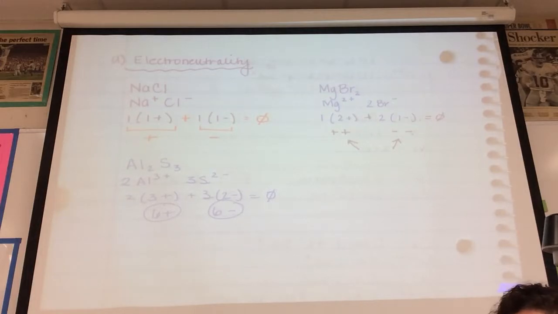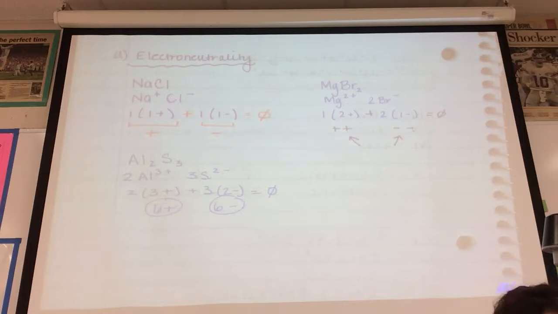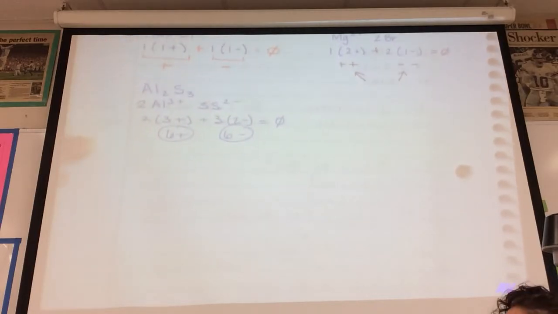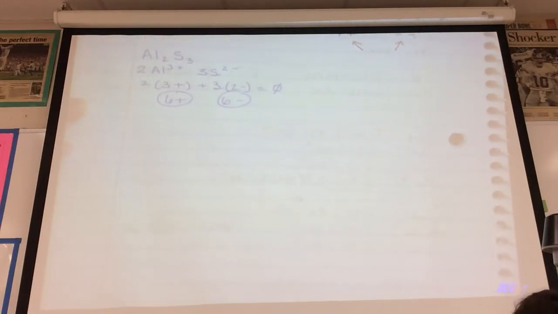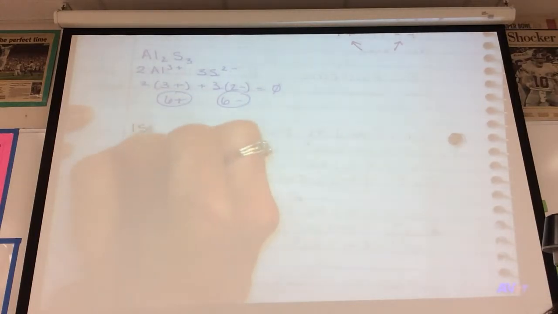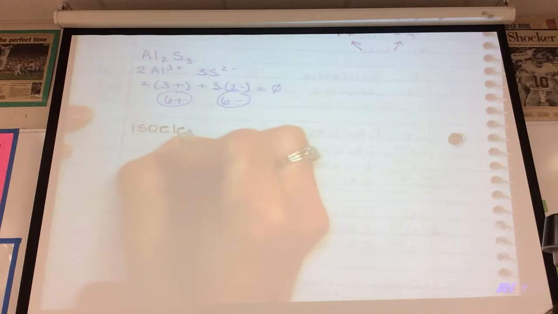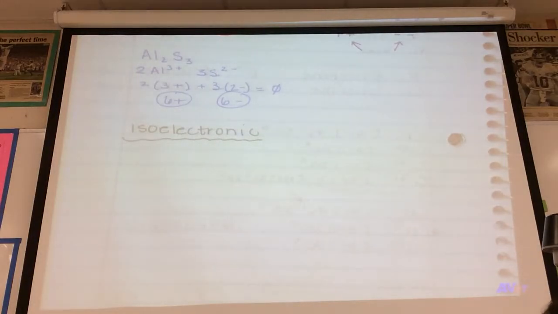The second term I want to introduce to you, and you're going to see a lot of this one as we go through the chapter, is isoelectronic. And we said isoelectronic means that two or more species have the same electron configuration. It can be an atom and an ion. It could be two or more ions.